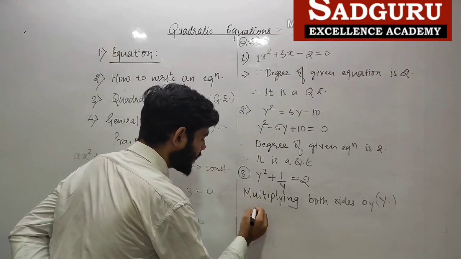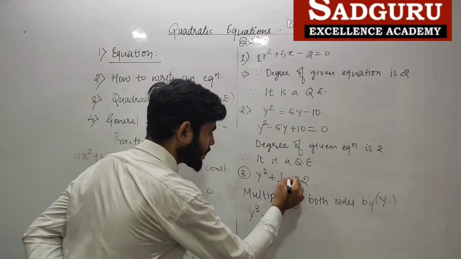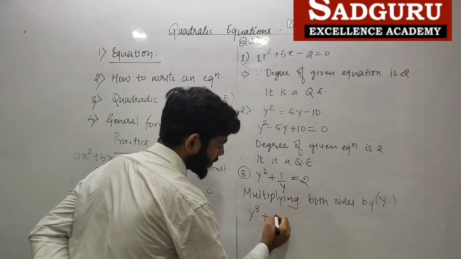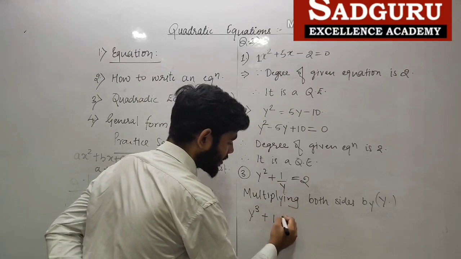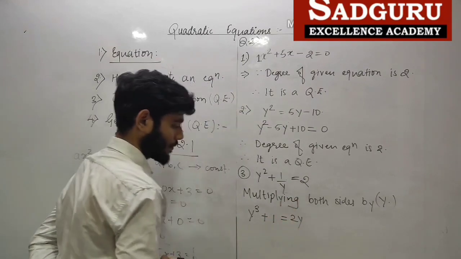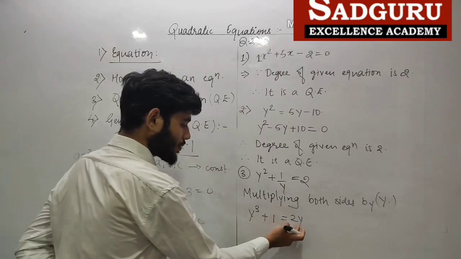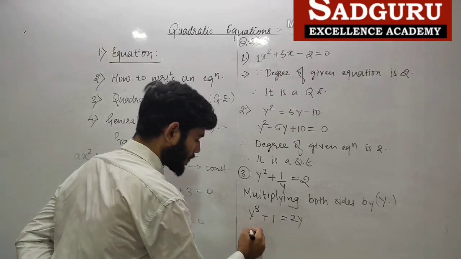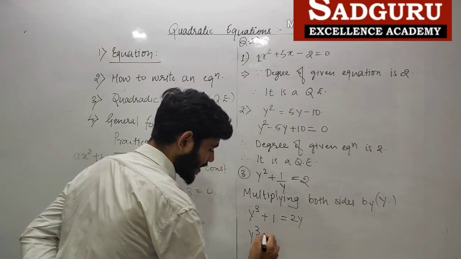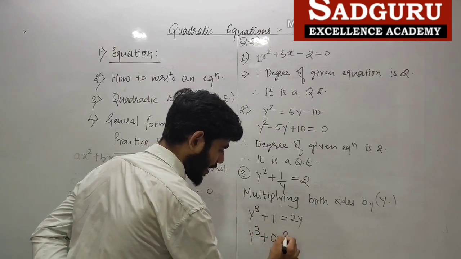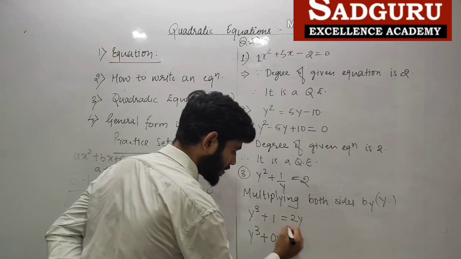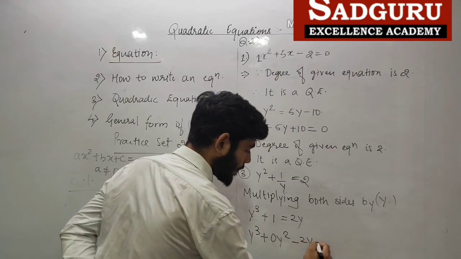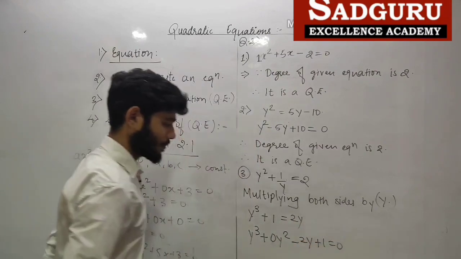Okay, so what will happen? This y² will become y³, and this y will get cancelled, so it becomes 1, and that equals 2y. This y term should be placed after the other terms, so y³ + 0y² − 2y + 1 = 0.